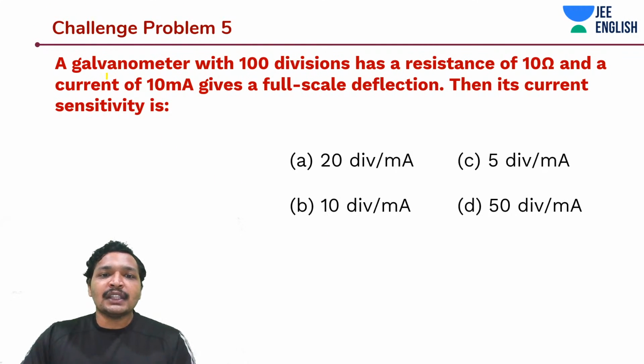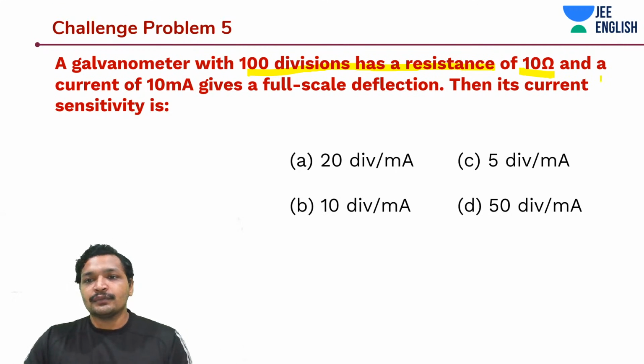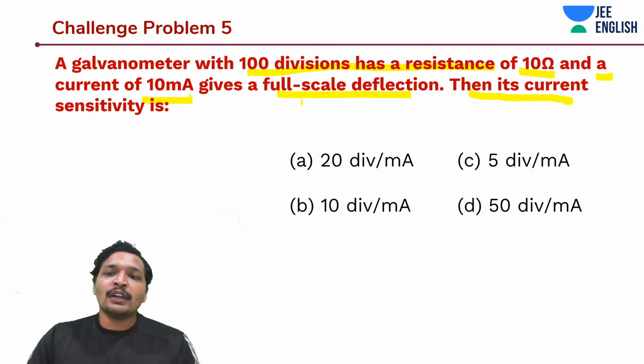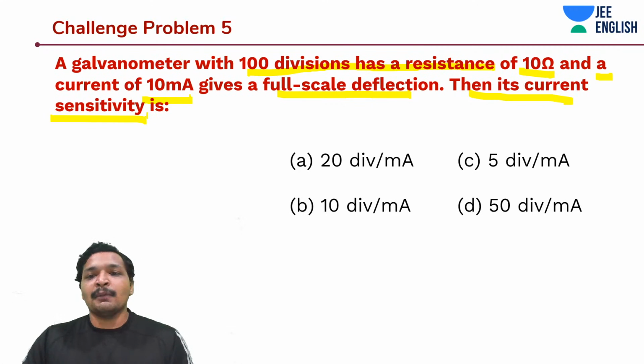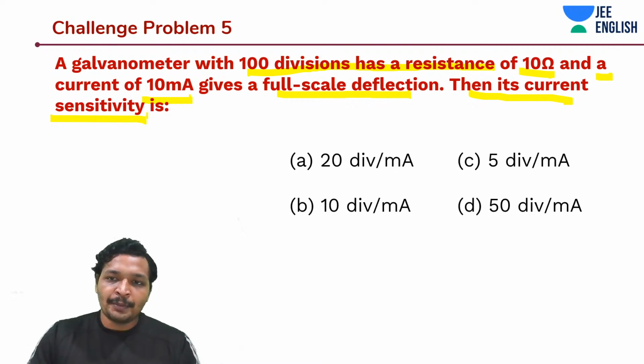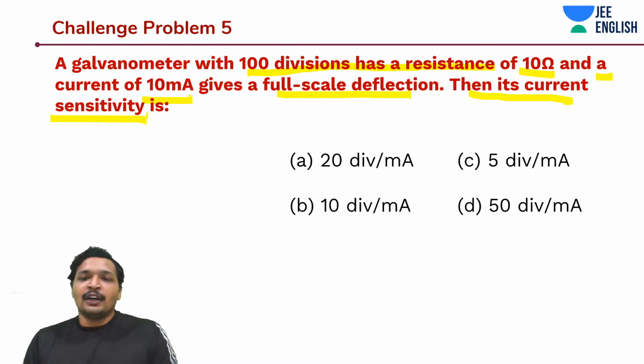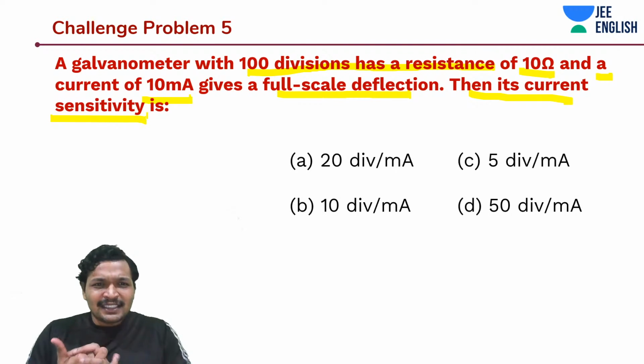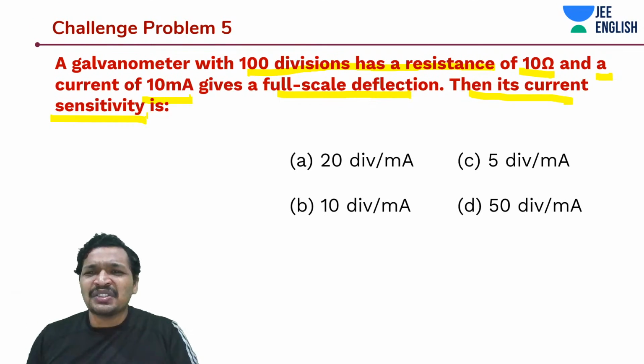A galvanometer with 100 divisions has a resistance of 10 ohms and a current of 10 milliamperes gives you a full scale deflection. Then what is the current sensitivity? Guys, come on, nothing to do in this. What is the option straight away? The resistance does not have any relevance in this question.